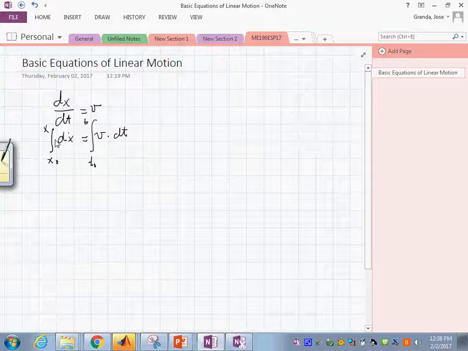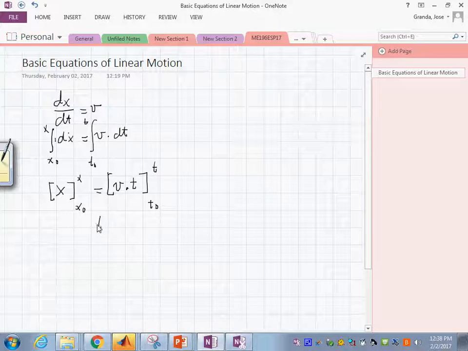This is like having a 1, right? So this is really x here, and you could write it like this, between the limits of x0 and x, and this would be v times time, really, because this is like also having 1, and this would be between t sub 0 and t.